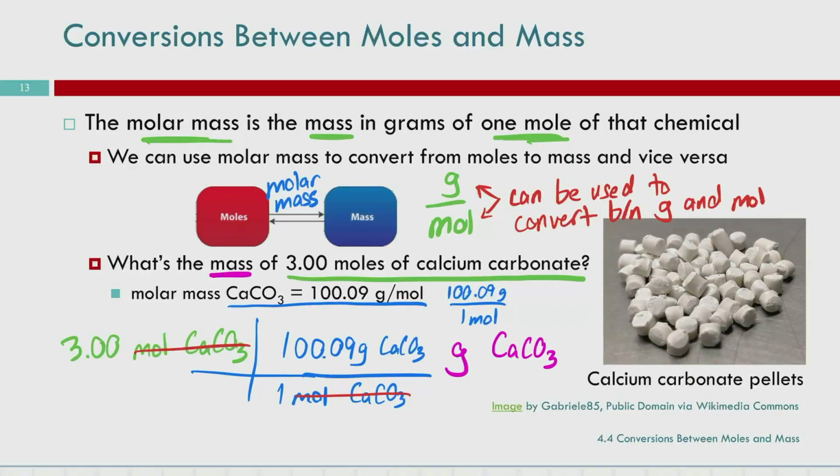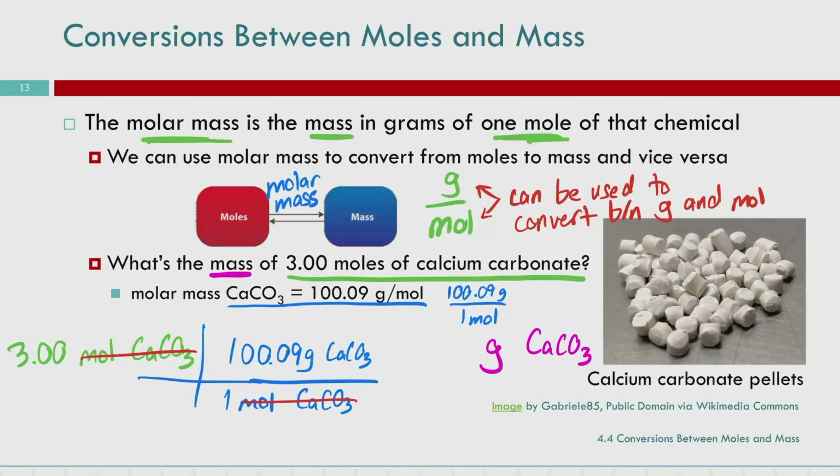Okay, so moles CaCO3 goes away, so 3 times 100.09 equals 300.27 grams. Round to 3 significant figures and put it in scientific notation. 3.00 times 10 to the 2 grams CaCO3.